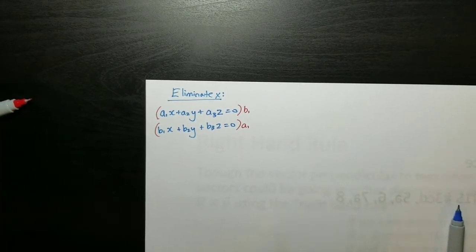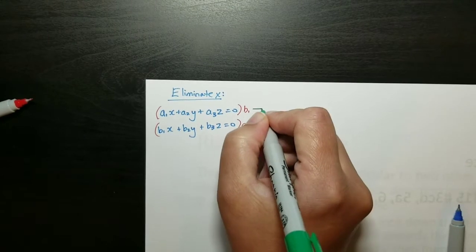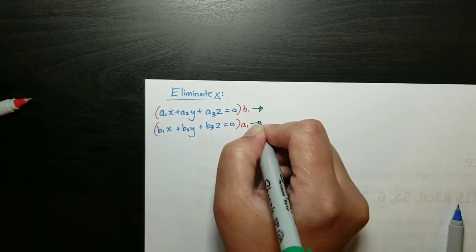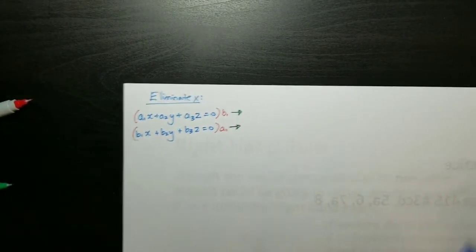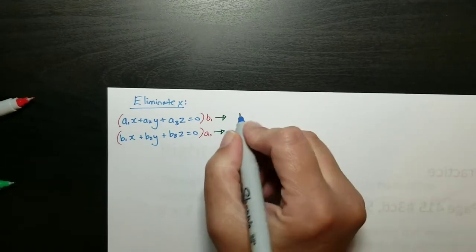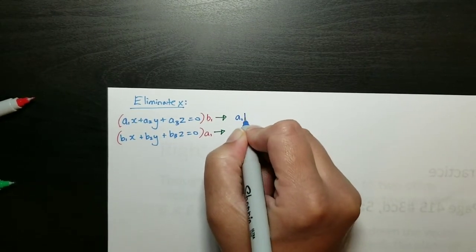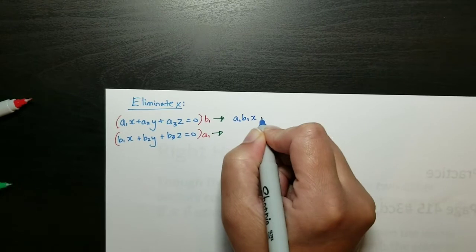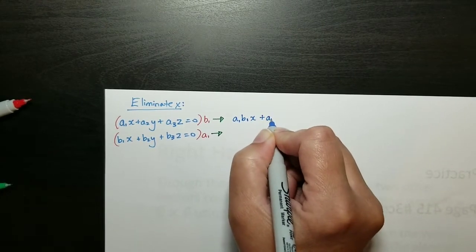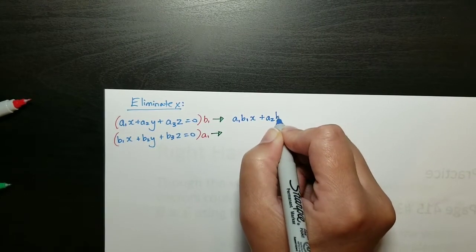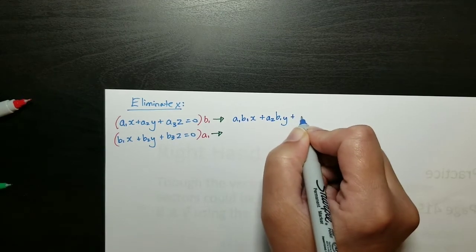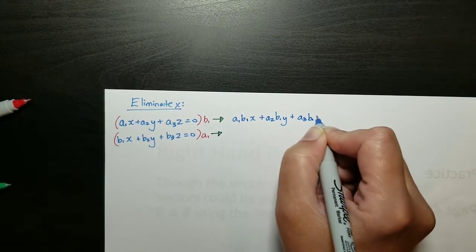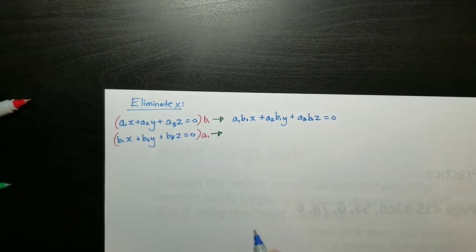So this is just like elimination in grade 10, but way more variables and way more messy. So we've got a1b1x plus a2b1y plus a3b1z equals 0.